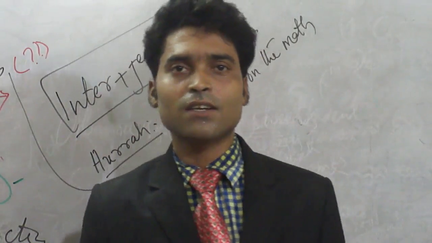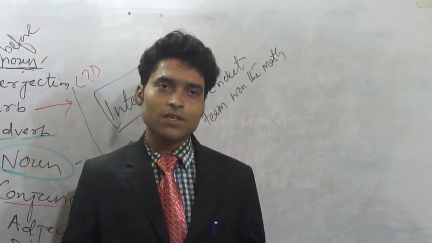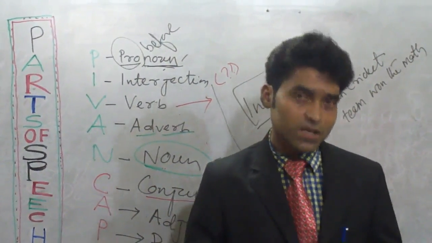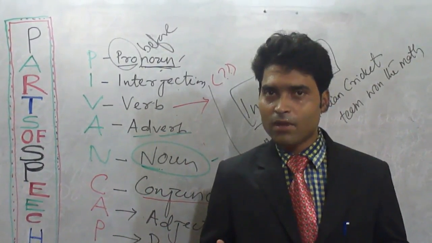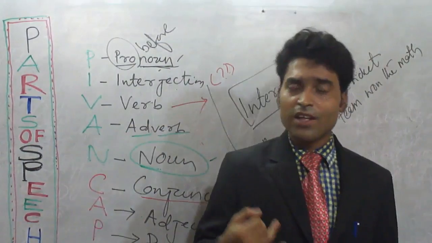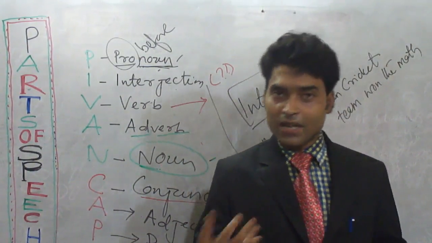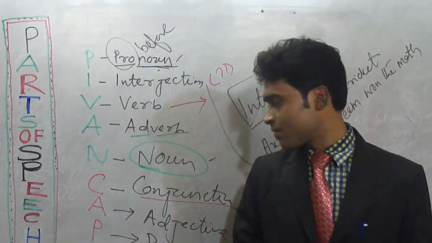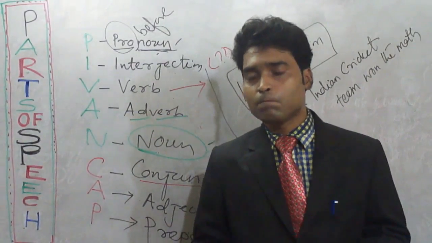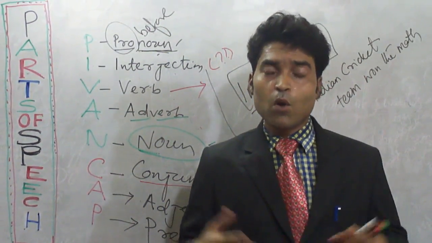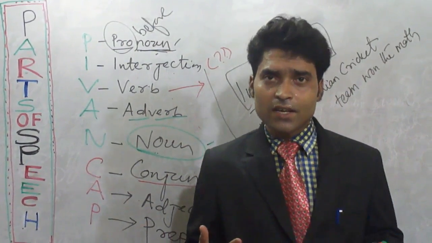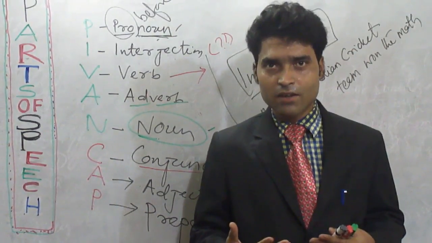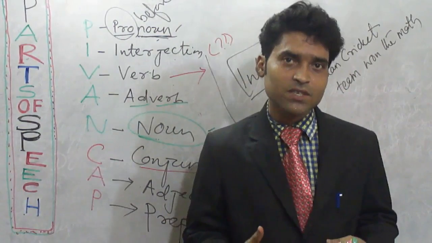In this class, we have discussed these parts of speech. Please remember, there are 8 types of parts of speech, like your pipe hand cap: pronoun, interjection, verb, adjective, noun, conjunction, adverb, preposition. But dear friends, the modern grammarians always say that determiner is the 9th part of speech.